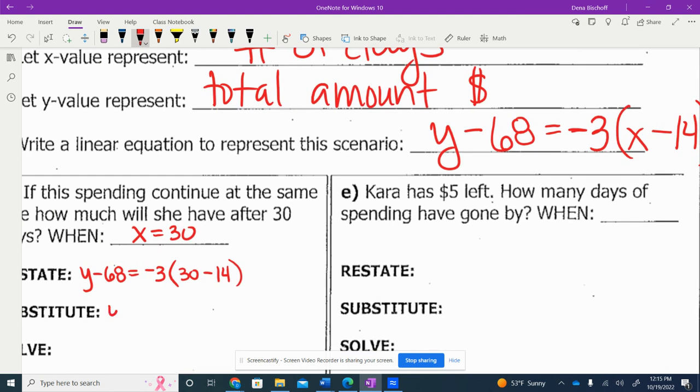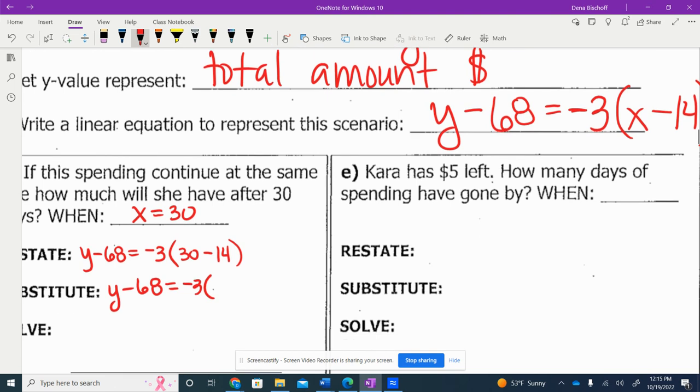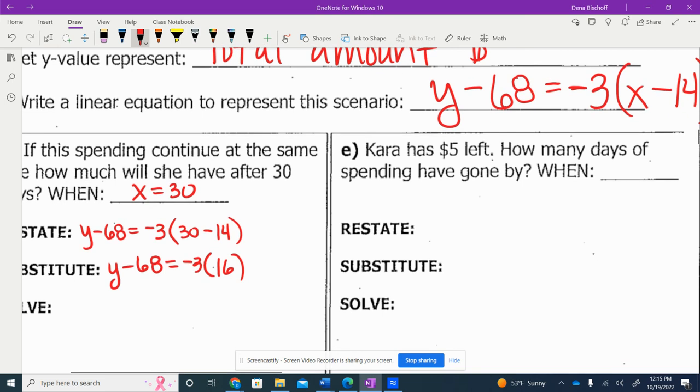Okay. So Y minus 68 equals negative 3 times, what is 30 minus 14? It's 16, right? So Y minus 68 equals, what's negative 3 times 16? Negative 48.